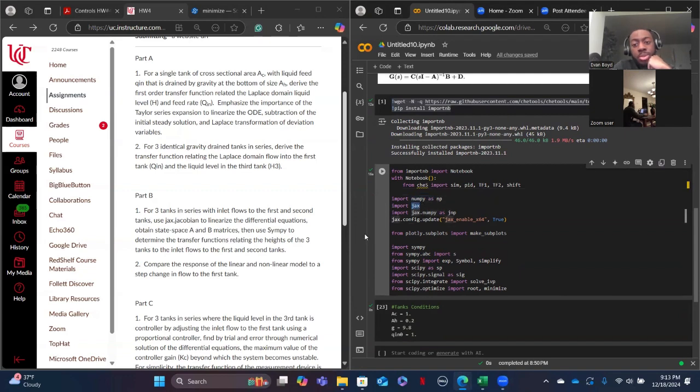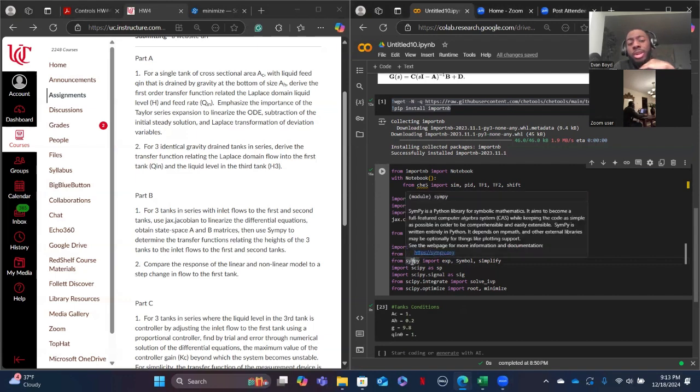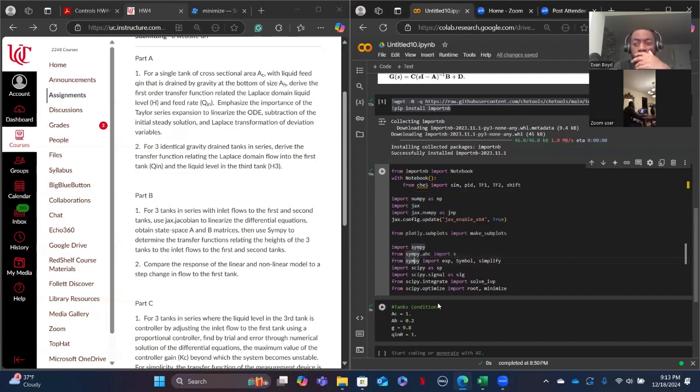Like I said, we're using JAX's Jacobian, but we also need JAX in general, so we'll use jax.numpy as jnp, and then subplots, of course, to plot our linear and nonlinear models. And then we're also utilizing SymPy, which will be used for creating our transfer function equations later on in our Python. We also have some pi for our s, which I'll explain later.